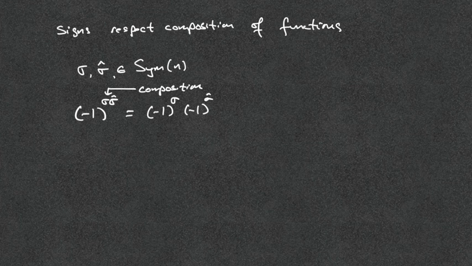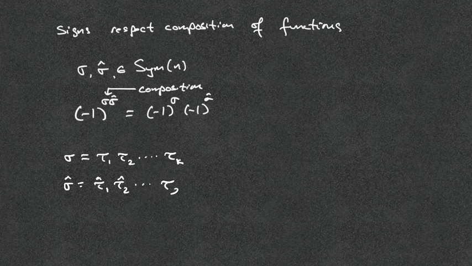To see why that's going to be true, remember that the sign means that we can write our permutation as the product of so many transpositions. Let's say the first one is written as a product of k transpositions, and our second is written as a product of, let's say, L transpositions.